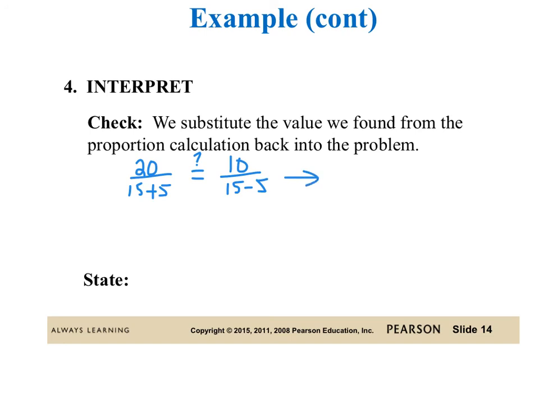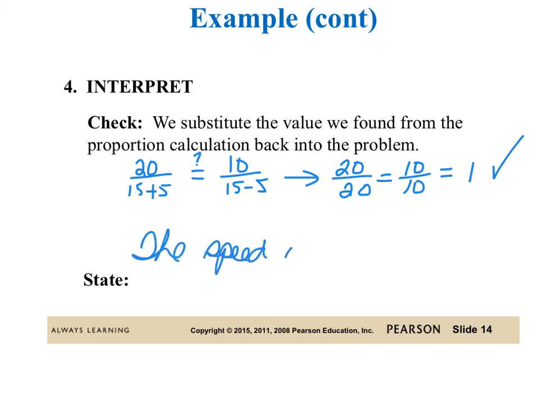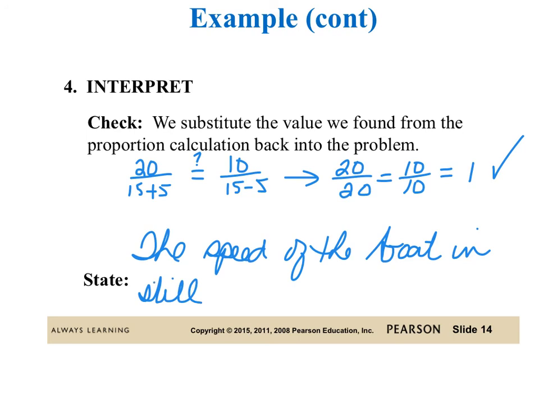And in fact, 20 over 20 is equal to 10 over 10, because they're both equal to 1, so that's true. So then the speed of the boat in still water is 15 miles per hour.